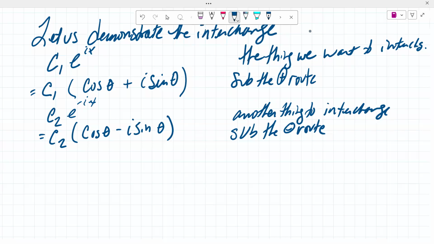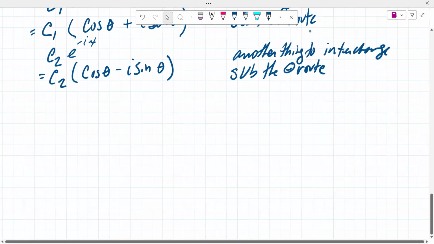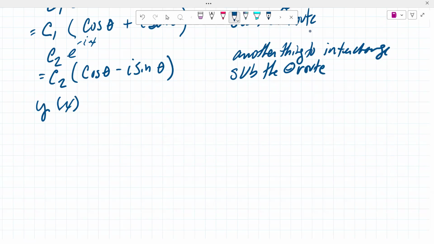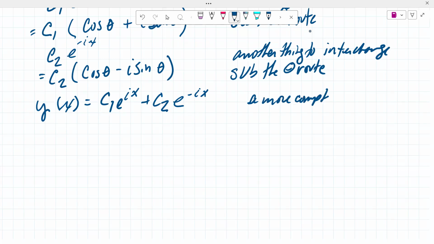All right, now that we have a sense of how we could use Euler's formula, we could do something a little more complicated. This is the one we actually want to do: y of x equals C1 e to the ix plus C2 e to the negative ix. A more complicated thing to interchange.